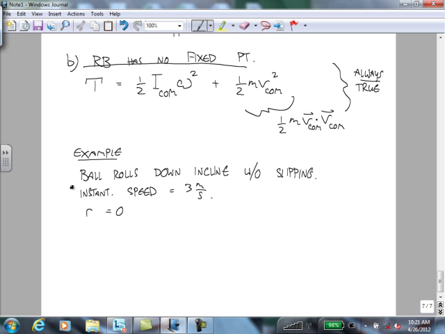And say that the ball's radius is 0.1 meters and its mass is 0.5 kilograms. What's its kinetic energy?